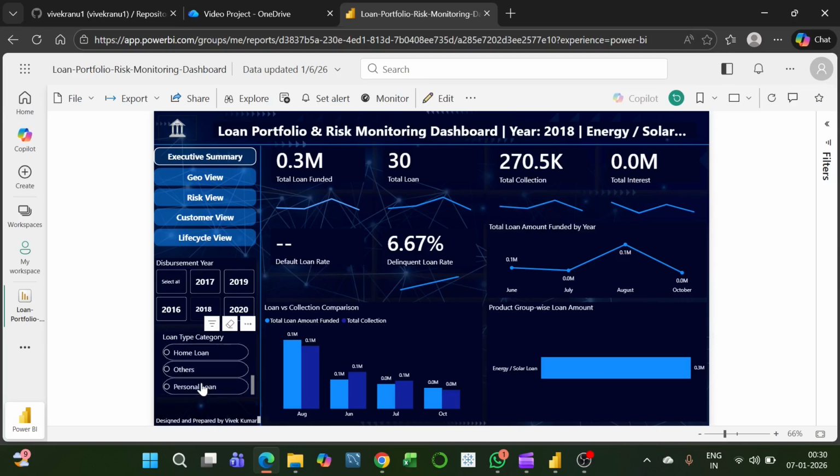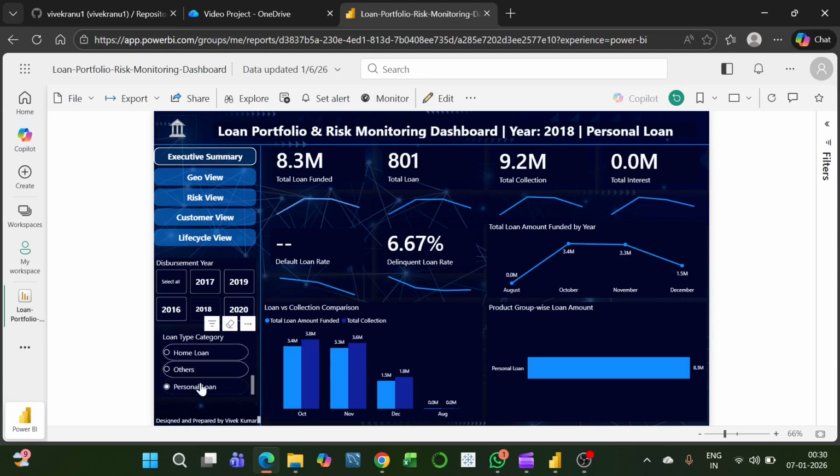Let's go for a personal loan, which is very frequent in the banking sector or NBFC sectors. You can clearly see here that the total loan applications were 801 and the equivalent total loan amount was 8.3 million, and the bank received 9.2 million.